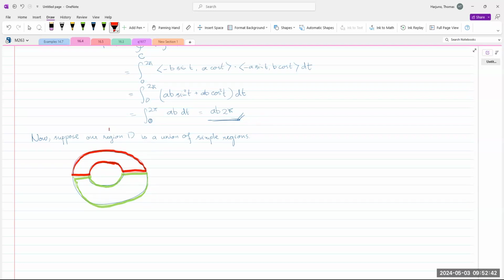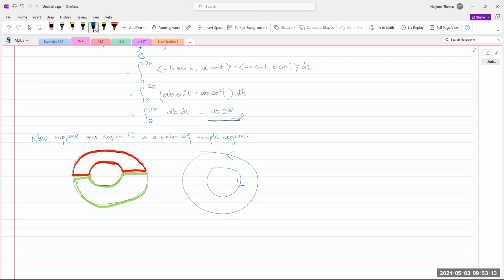Notice that the original region D has this path. There are two non-intersecting paths on the boundary of D. Right now, the problem is these two paths are not connected though.